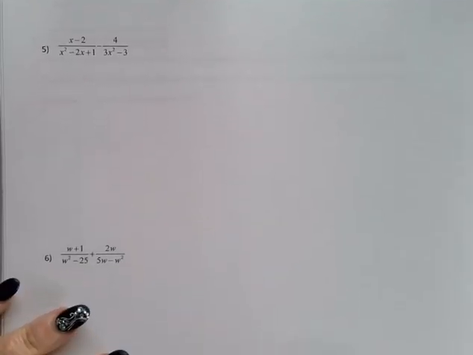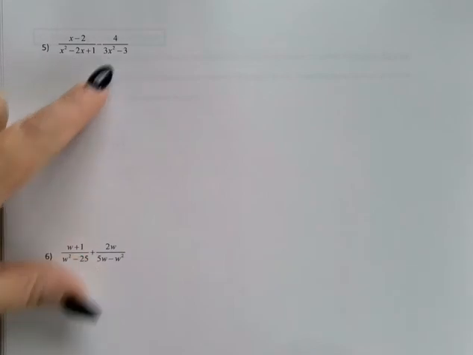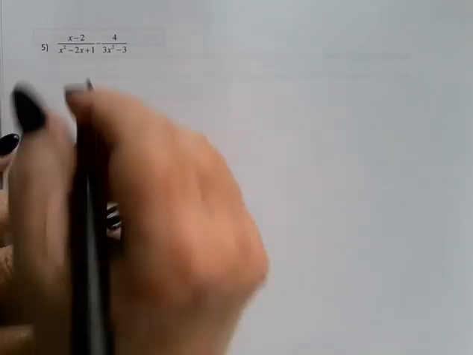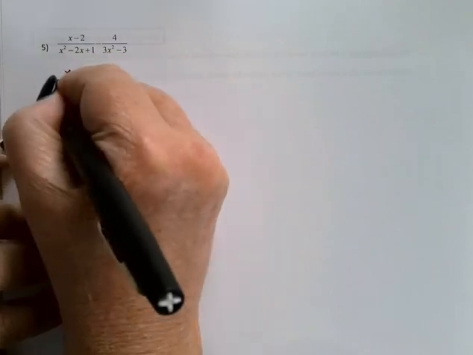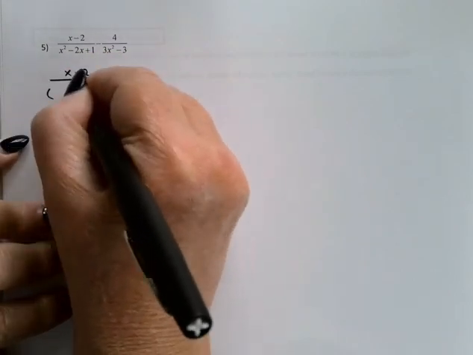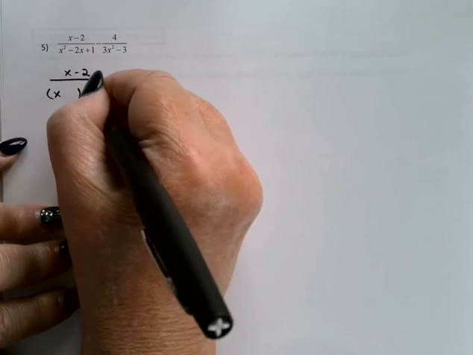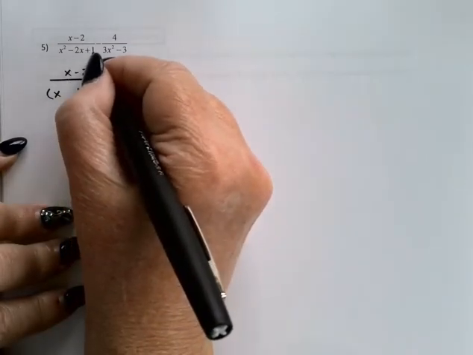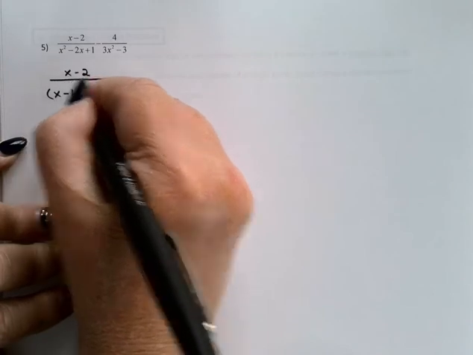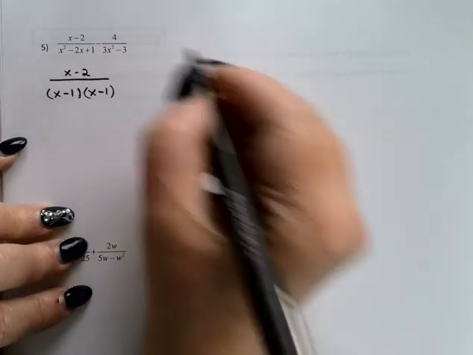In example 5, we once again have denominators that are not factored, so let's do that first. x squared is x times x. And let's see, a sum of -2 and a product of 1 would be minus 1, minus 1.